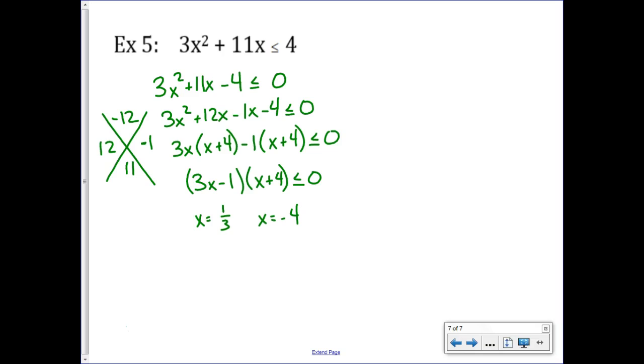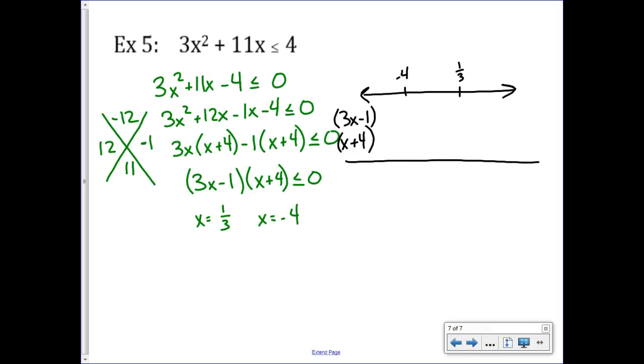So I'm going to put those on the number line. So -4 comes first, and then 1/3. And I have 3x minus 1, and I have x plus 4.